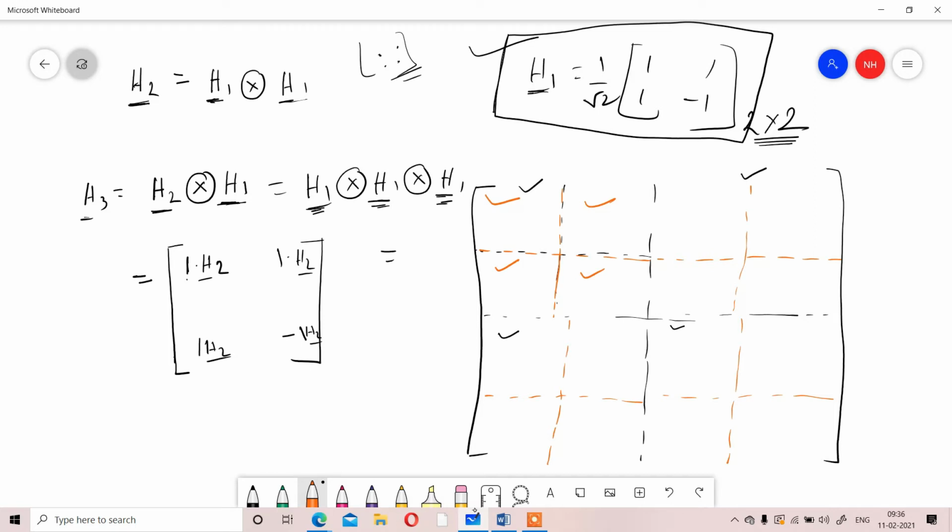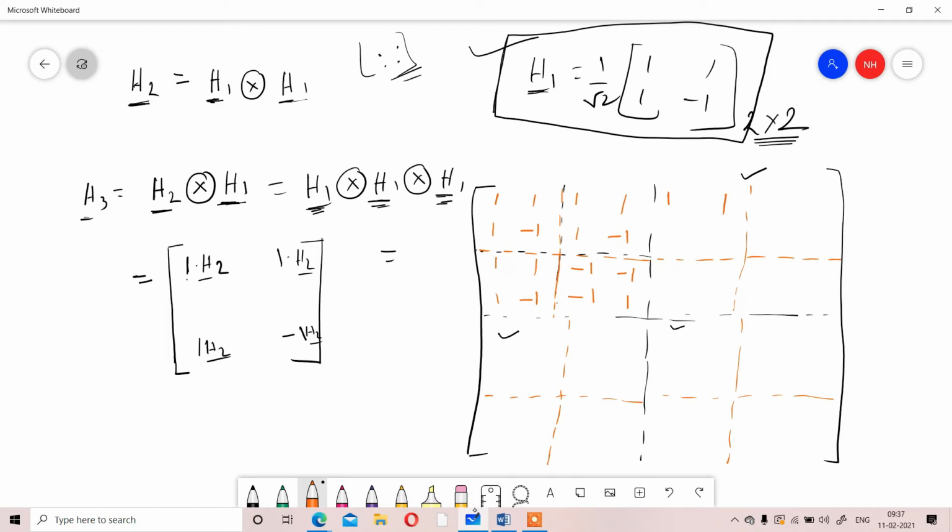Okay. So simply you can write that will be H1, means 1 1 1 minus 1. That will be H1. So 1 1 1 minus 1. That will be H1. 1 1 1 minus 1. That will be minus H1. So minus 1 minus 1 minus 1 1. Similarly, you have to fill up all the part.